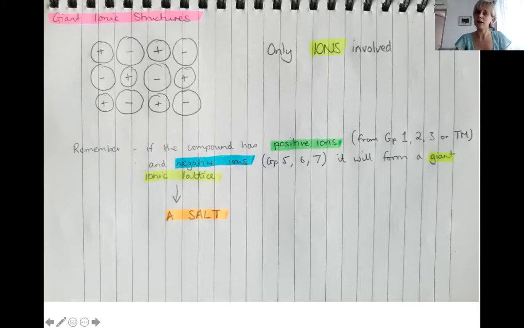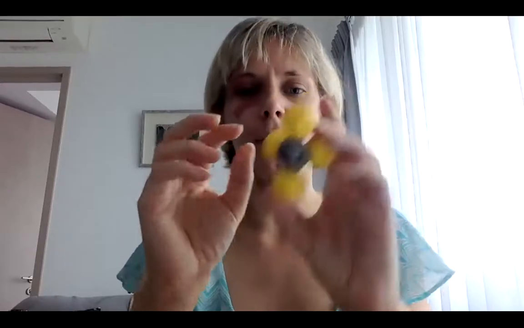Obviously, this diagram really only gives you a 2D image. So to show you a little bit of where we're at, we can have a little look at this model. So we will have our silver one as a positive ion, our yellows as negative ions. So we have our positive ion, obviously plus, minus, that's the attraction.